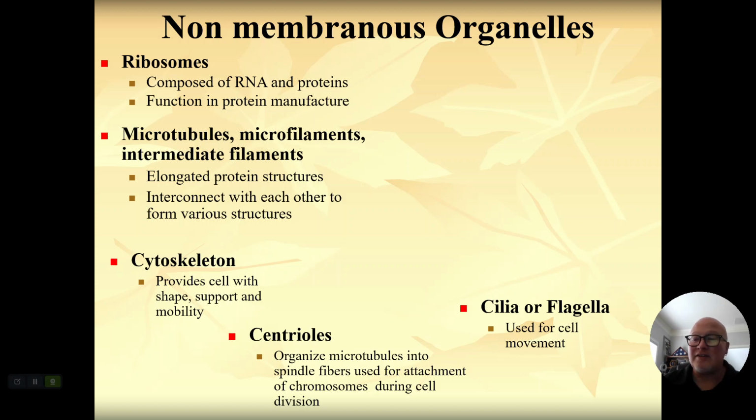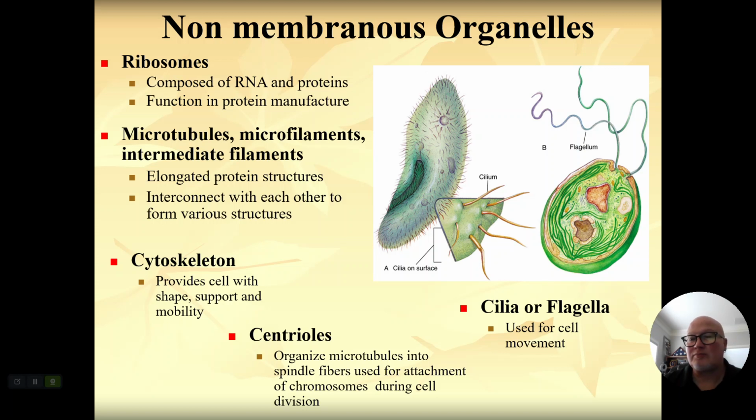Most cells have a protein structure on the outside that allows them to be motile, called cilia or flagella. Cilia go around the cell, whereas the flagellum is at the back, like a long tail. This paramecium has cilia all over it, whereas this algal cell has long flagella that allow it to swim.